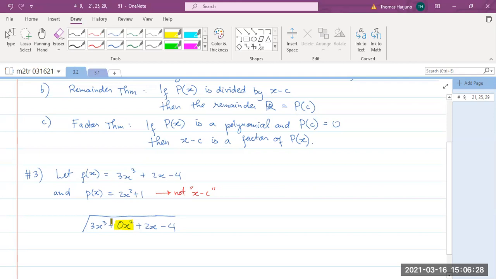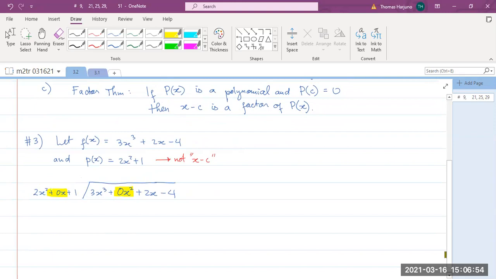On the outside, I have 2x squared plus 0x plus 1, also with a placeholder 0x. For the divisor, if you skip that 0x, it is okay. But for the dividend, you have to insert the 0x squared, otherwise there could be confusion because of the place. We need the placeholder.